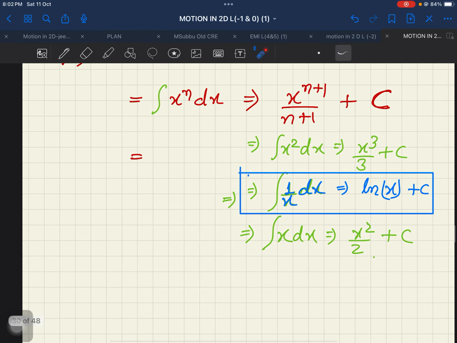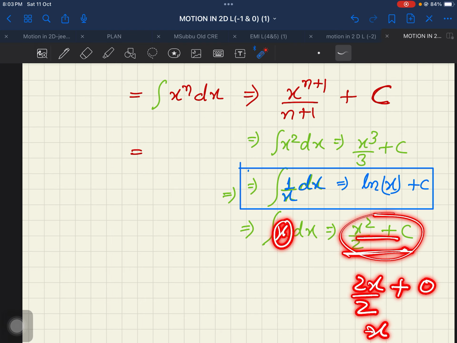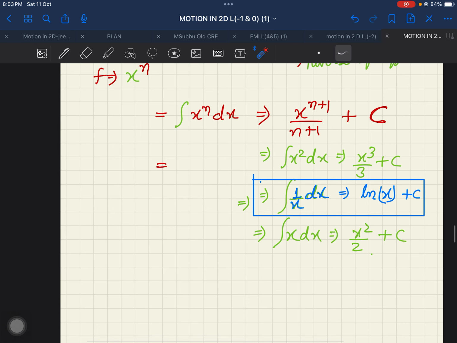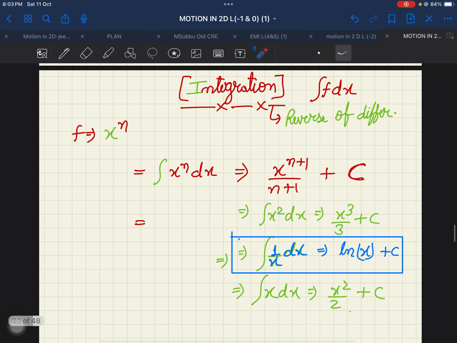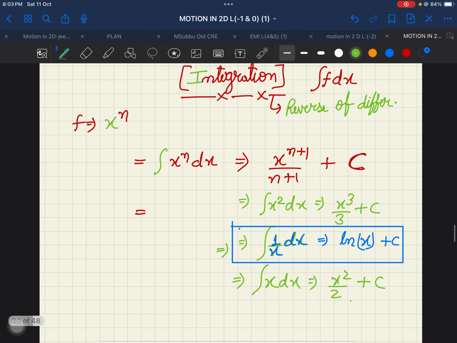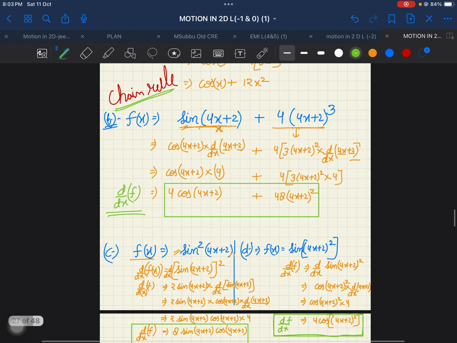For example, if we differentiate this, the differentiation of x square is 2x divided by 2, plus the differentiation of c is 0, so it is x. So we got the same function. If we integrate x, we get this. If we differentiate this, we get the same function back. That's why I am saying integration is the reverse of differentiation. All right, clear students? Let's go to some more formulas of integration.